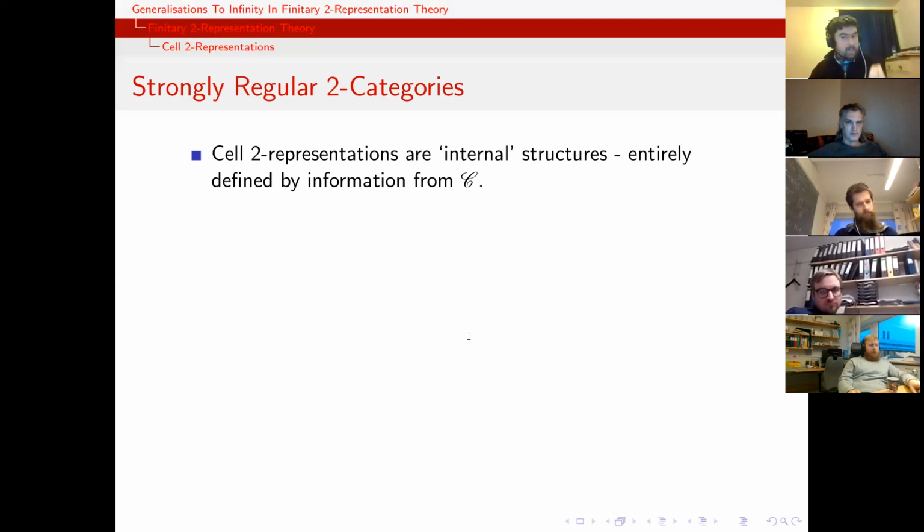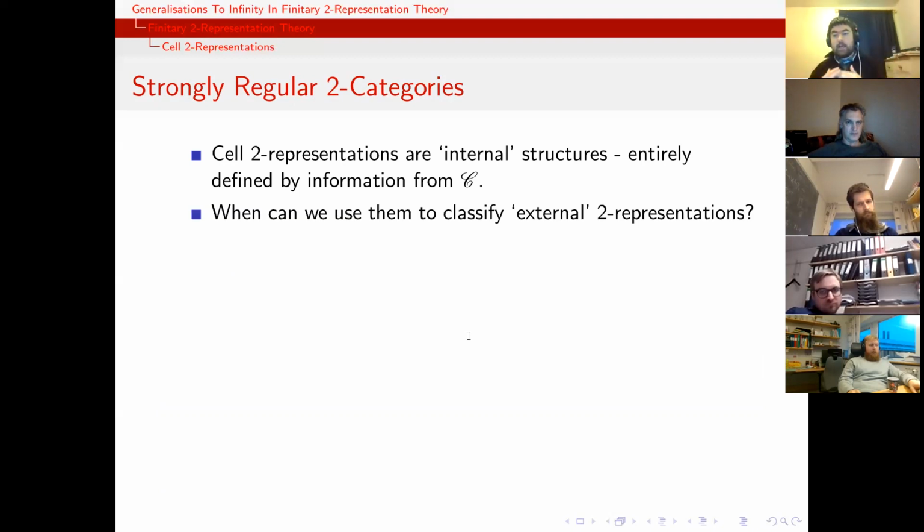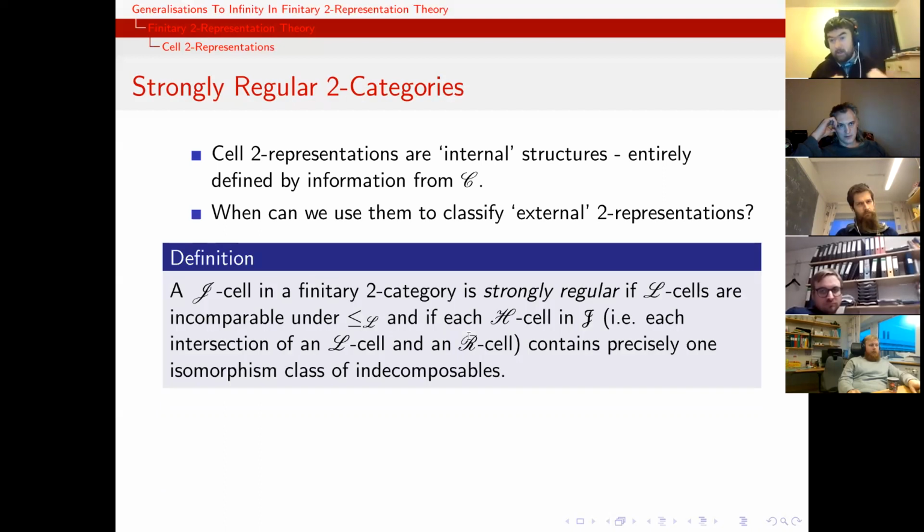So we would quite like to use this to classify external two-representations, at least in certain circumstances. And these circumstances turn out to be strongly regular finitary two-categories. So to start with, a two-sided cell in a finitary two-category is called strongly regular if the left cells are incomparable under the left order. This is a technical condition. I would say philosophically it's not the most important.